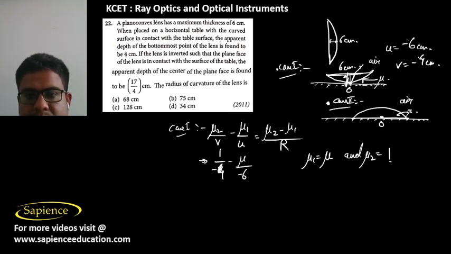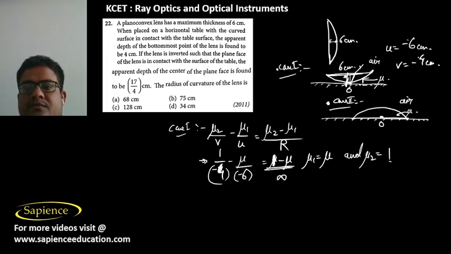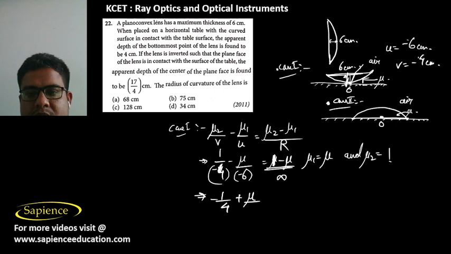And this is 1 by minus 4 minus mu by minus 6, that is equal to 1 minus mu by r. R is infinity. So it is minus 1 by 4 plus mu by 6, which is 0.